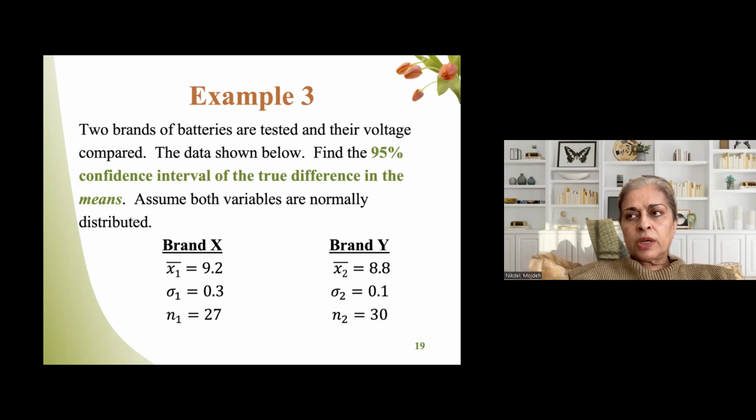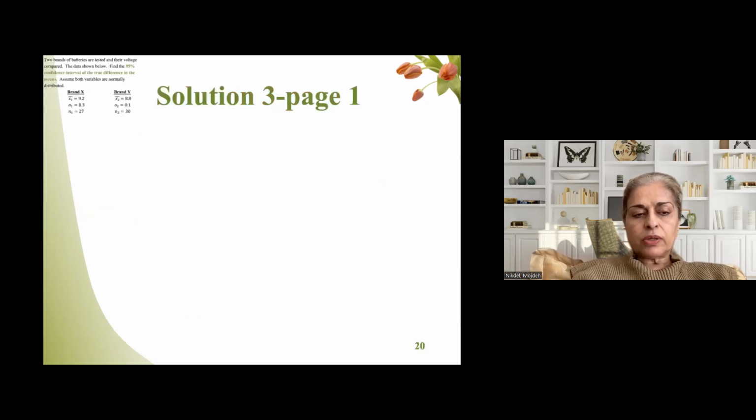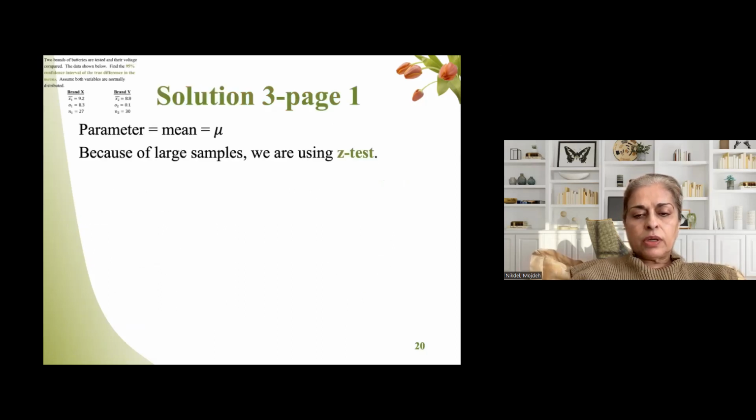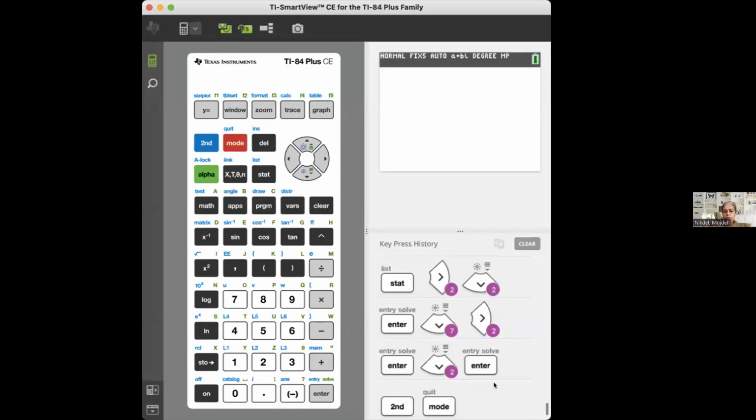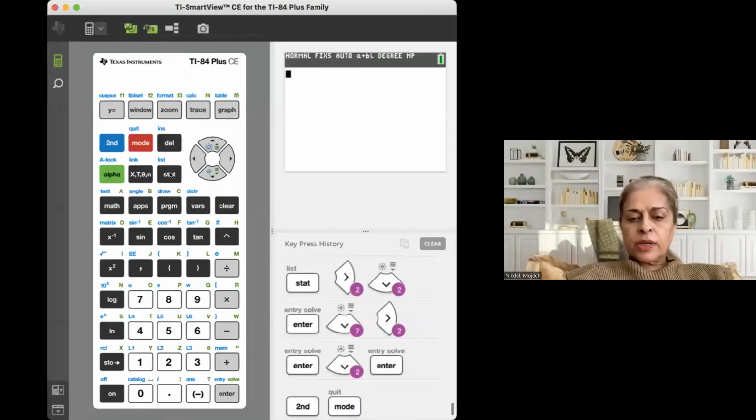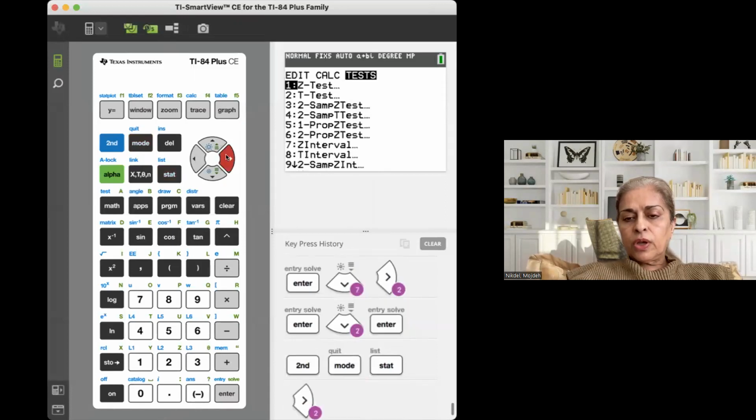We are using two sample Z int. So you click Stat Tests in the top row.